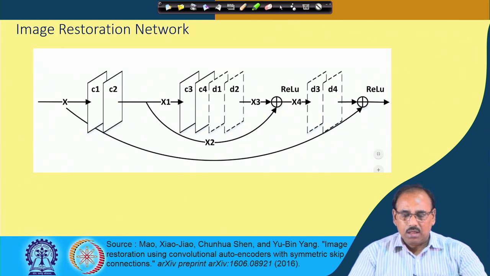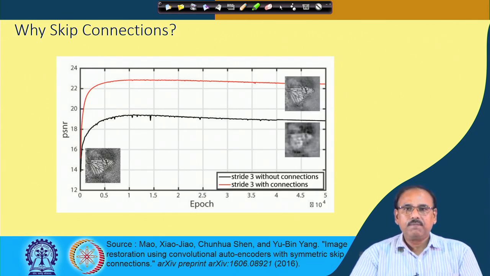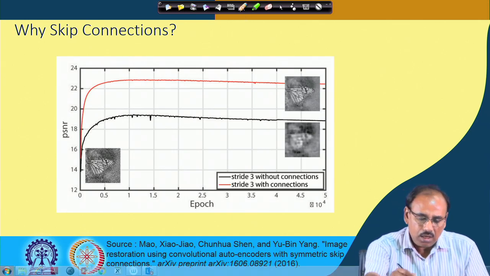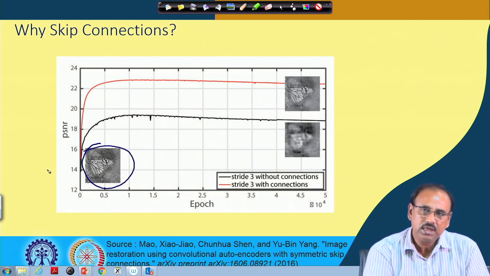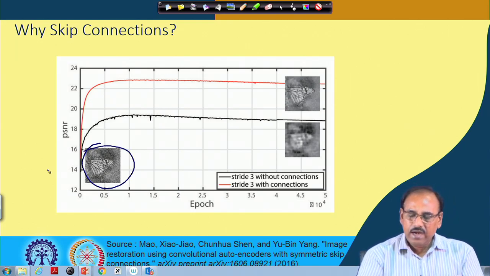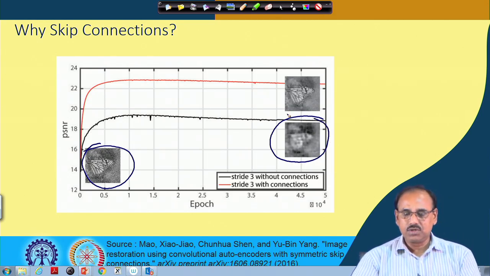Here you find how this skip connection network improves the quality of the reconstructed image. Over here what we have is the noisy image, and this is a restored image where skip connection was not used.